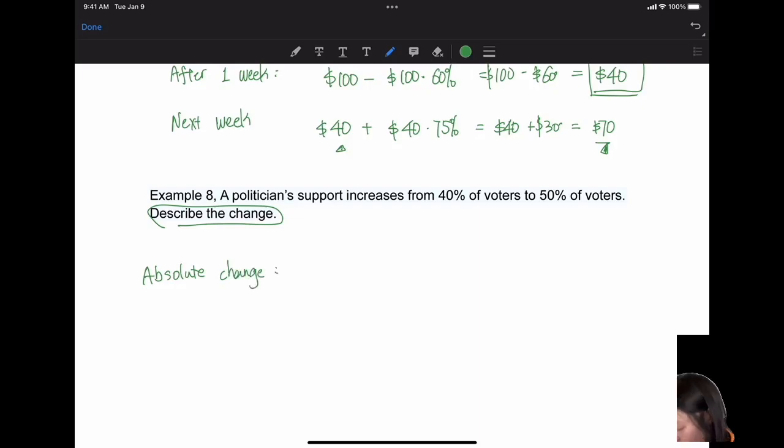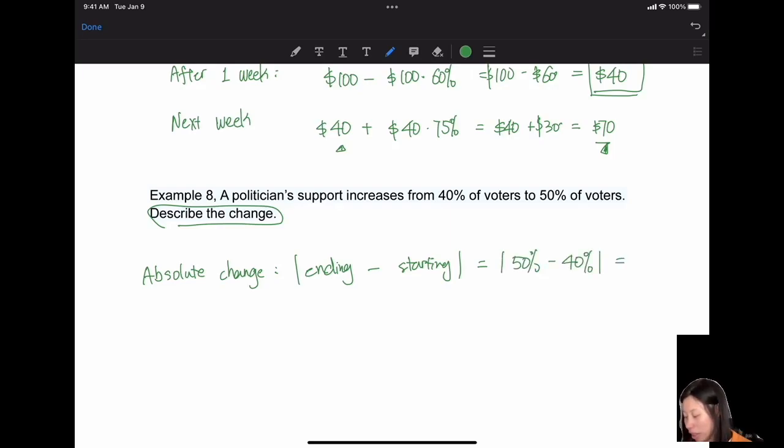The absolute change is the ending quantity subtract the starting quantity, and take the absolute value, right? So the ending quantity is 50%, subtract the starting quantity, which is 40%, and that gives you 10%. So that means the politician's support increased 10 percentage points.